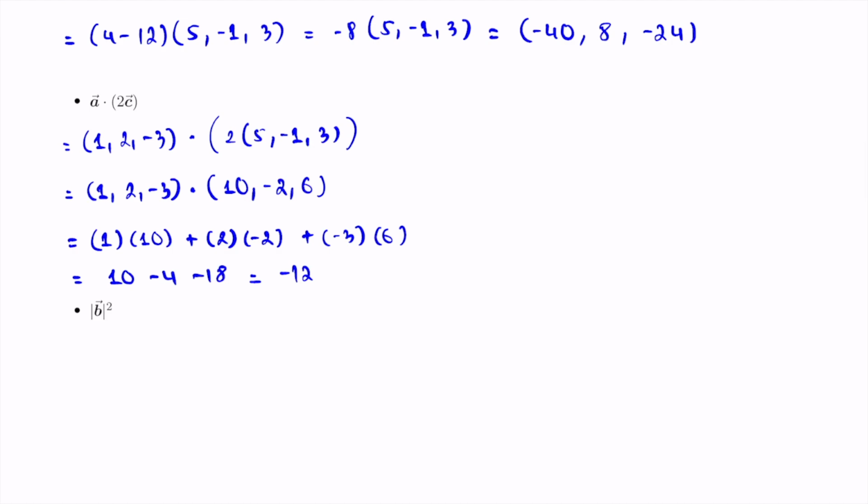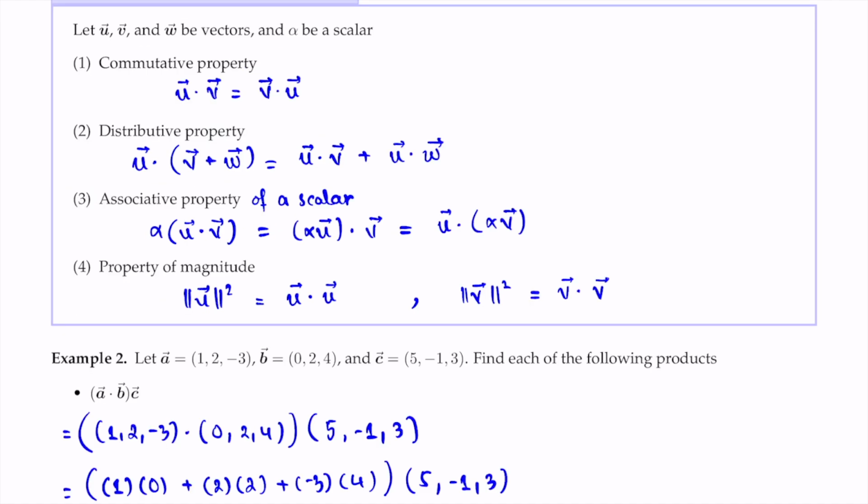And the last practice is the magnitude of b squared, or this can be written as the magnitude of b squared with the two vertical lines on each side of vector b. So we're going to apply the fourth property of the dot product, which is the property of magnitude. It says that the magnitude of u squared is going to be equal to u dot with itself.